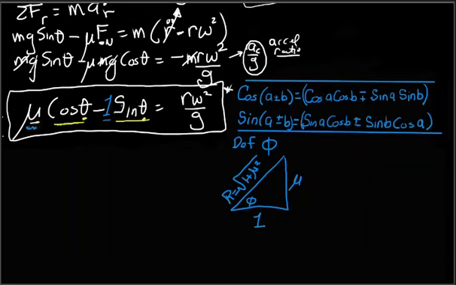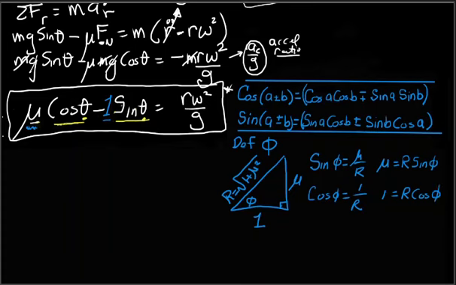And from this triangle, we can define sine phi as mu over R, or mu is R sine phi, and cosine phi is 1 over R, or 1 is equal to R cosine phi.